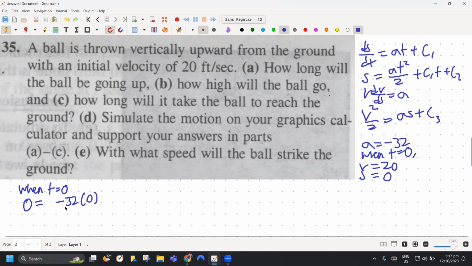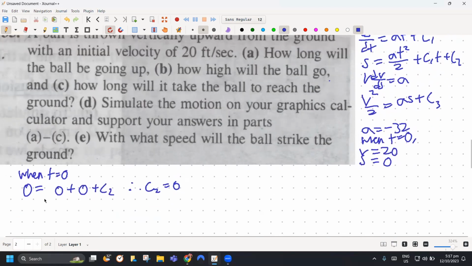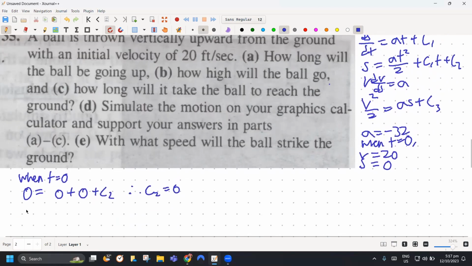And then the last constant: 0 at 20 squared over 2 is equal to negative 32 times 0 plus c3.